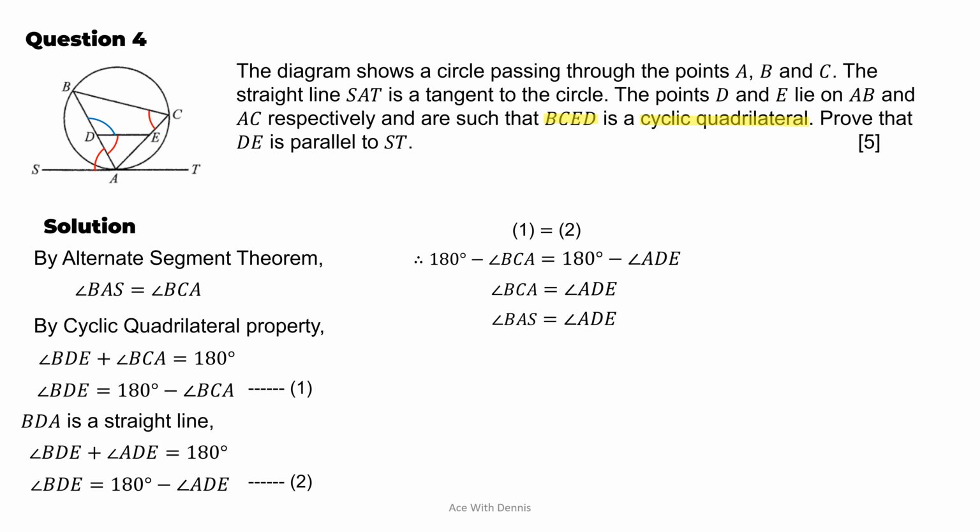Also, we already know that angle BAS equals angle BCA, hence angle BAS equals angle ADE as well, which is this angle with this angle. So by the alternate angle property, we can conclude that DE is parallel to ST. Hence, proven.